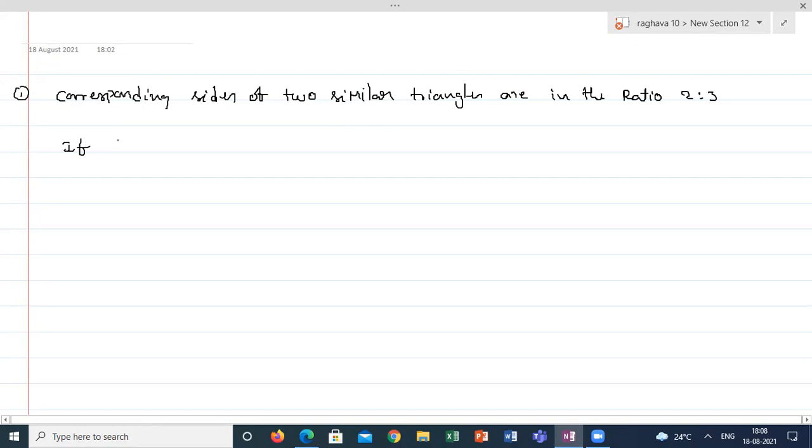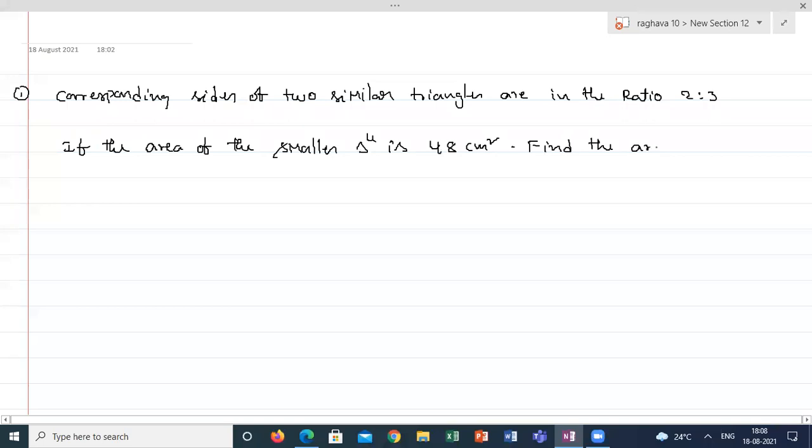If the area of the smaller triangle is 48 centimeter square, find the area of the larger triangle.